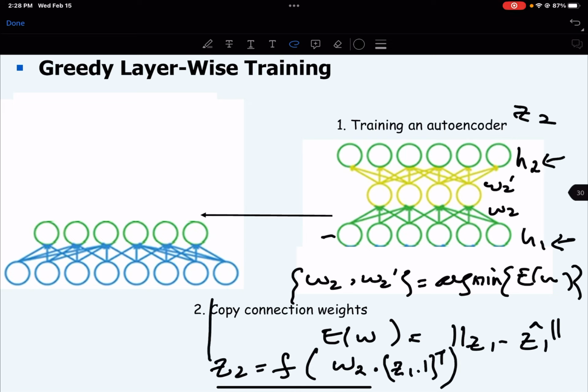So the output will be your Z2, input Z1, which was derived from X1.